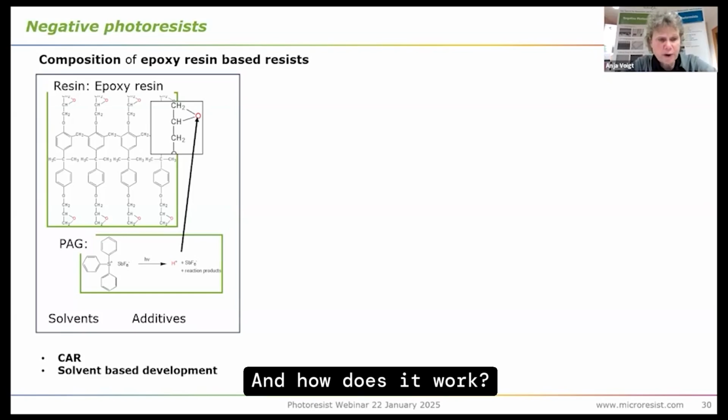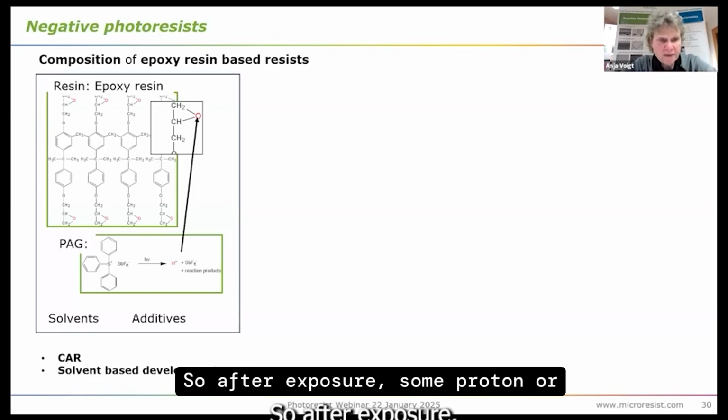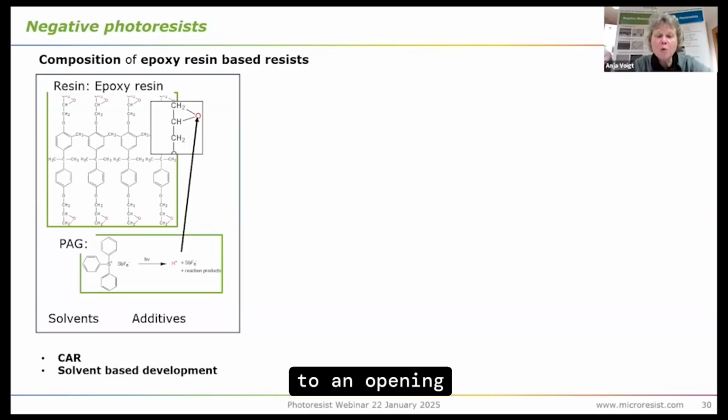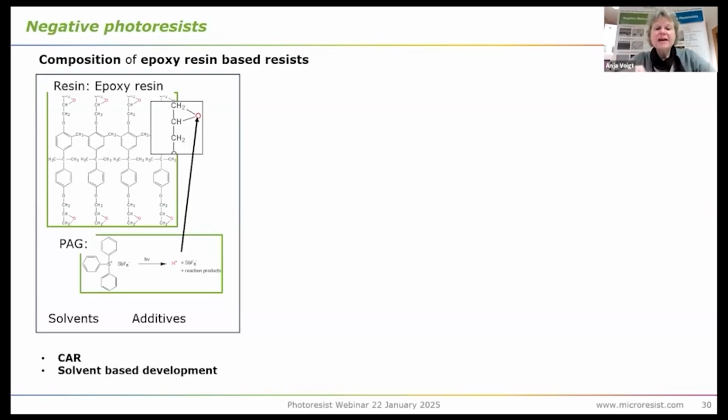And how does it work? After exposure, protons or acids are generated, and these acids or protons attack the oxygen of the epoxy group of the resin, leading to ring opening.